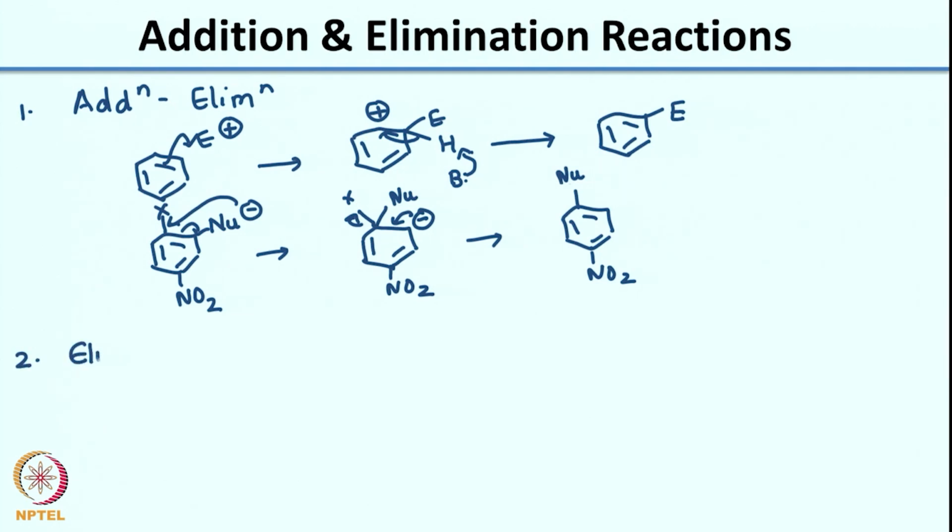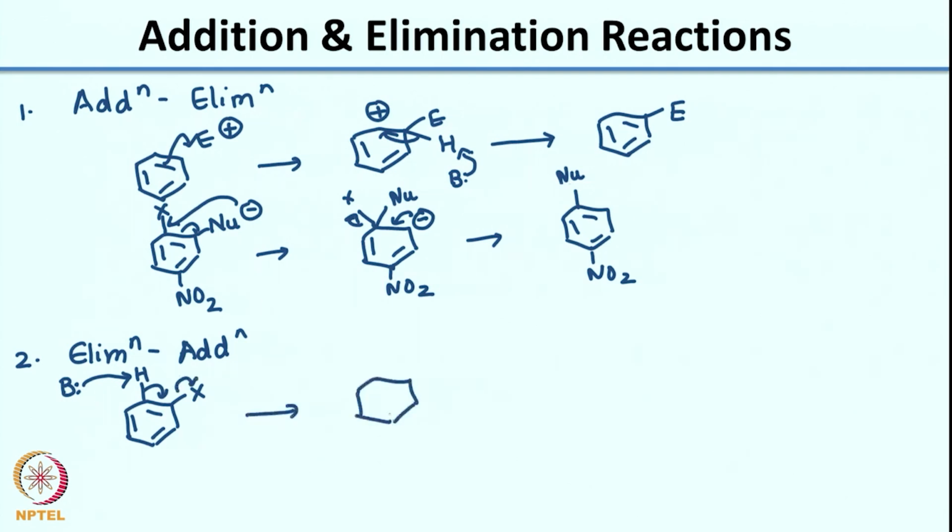You can also have elimination followed by addition, and again a classic example is, suppose you are looking at an aromatic compound substituted by a halogen. So if you use a very strong base, you generate what is called a benzyne intermediate.